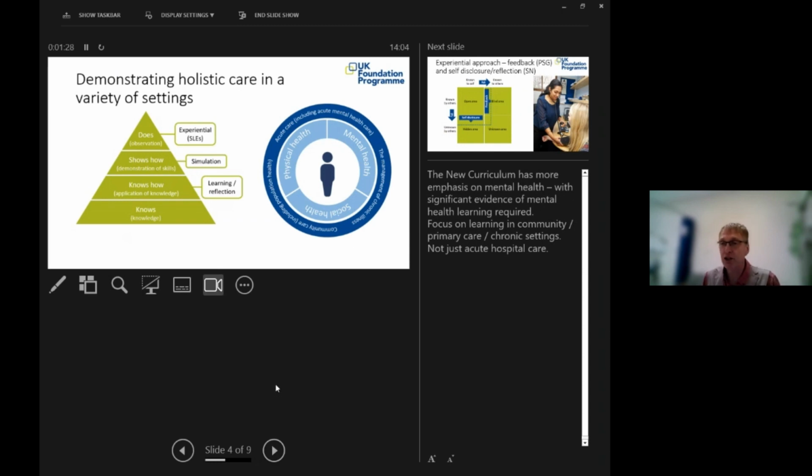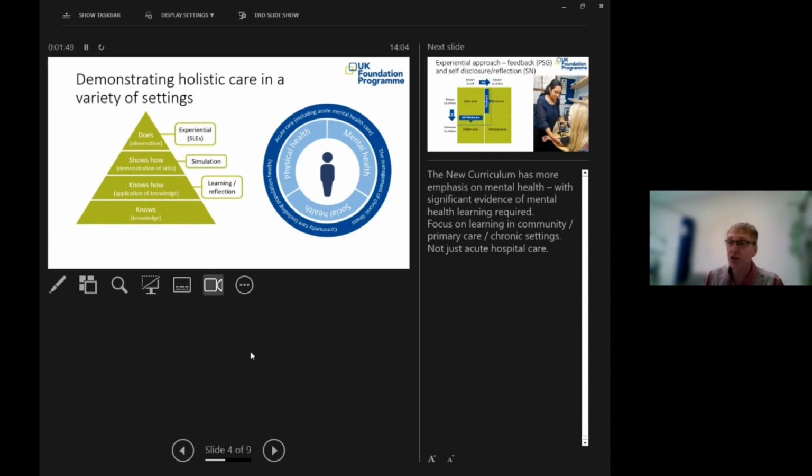They are expected to do this in different areas, both acute care, in physical health, in mental health, and in community care and other settings as well. And there's supposed to be an understanding of the whole biopsychosocial model, or physical health, mental health and social health.